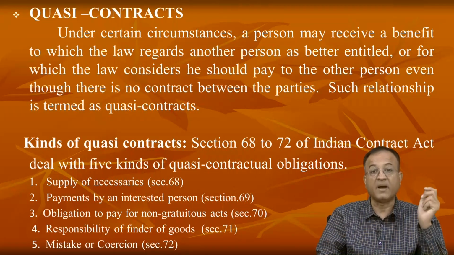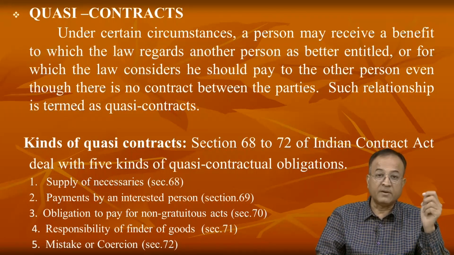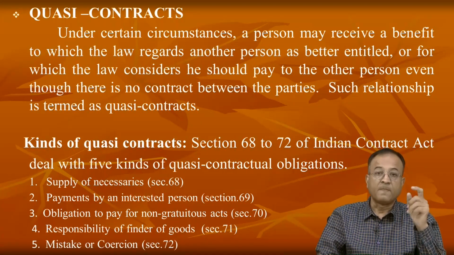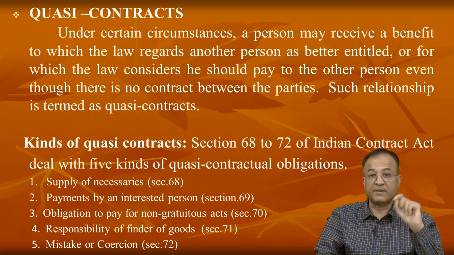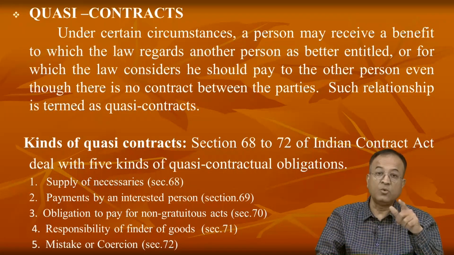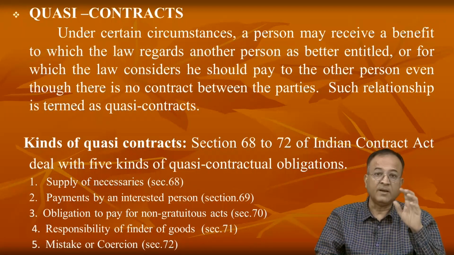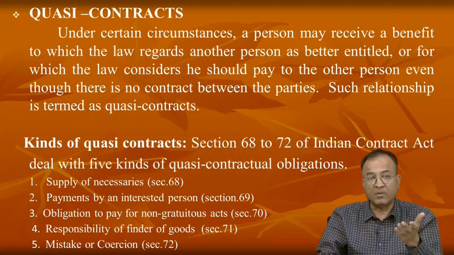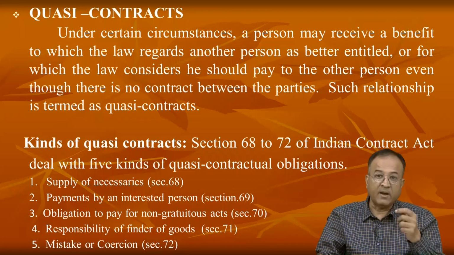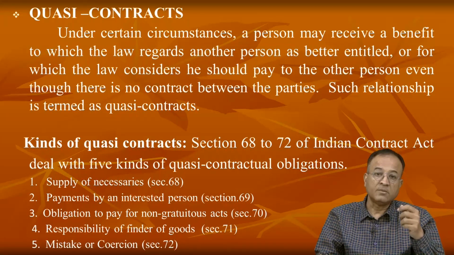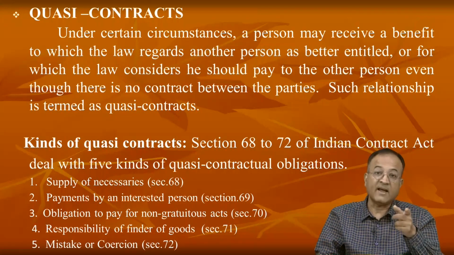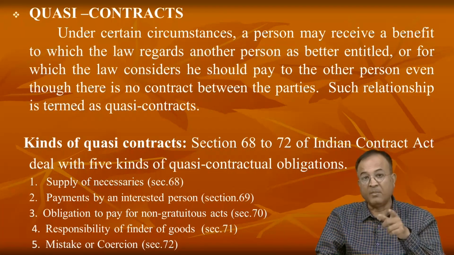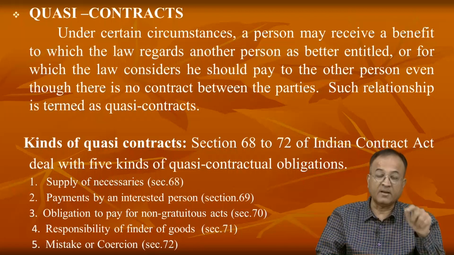Second, payment by an interested person. Section 69. A person who is interested in the payment of money which another is bound by law to pay, and who therefore pays it, is entitled to be reimbursed by the other.